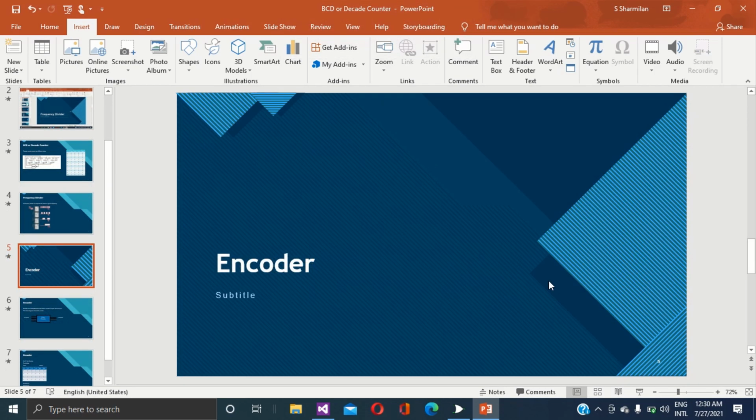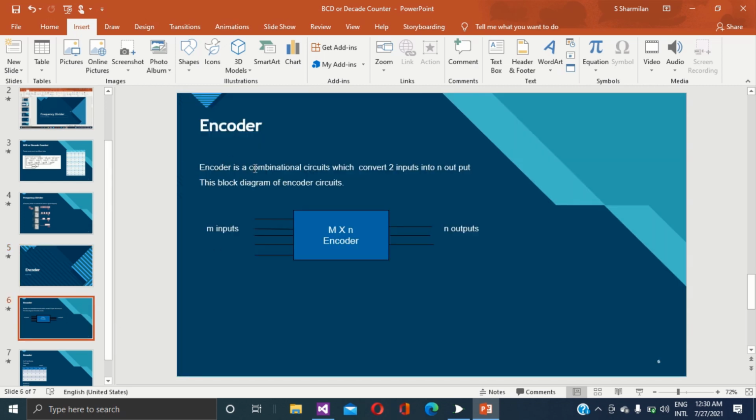In this chapter, we are going to see the encoder. An encoder is a combinational circuit which converts 2 to the power n inputs into n outputs. In the example, we put 4 inputs and get 2 outputs.